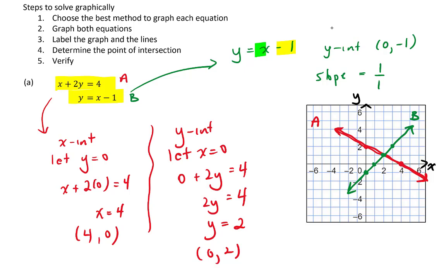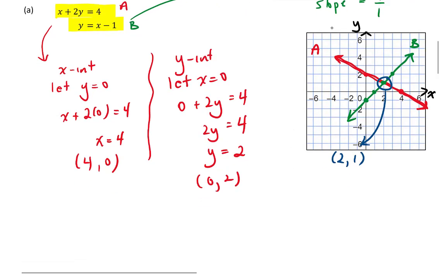And now we're on to step 4, determine the point of intersection. Looking right here at the graph, we can see that the two lines meet at the point (2, 1). So let's conclude.